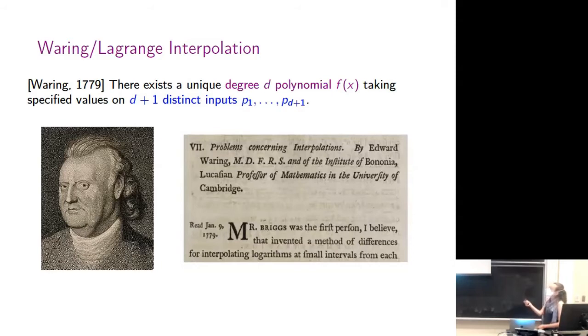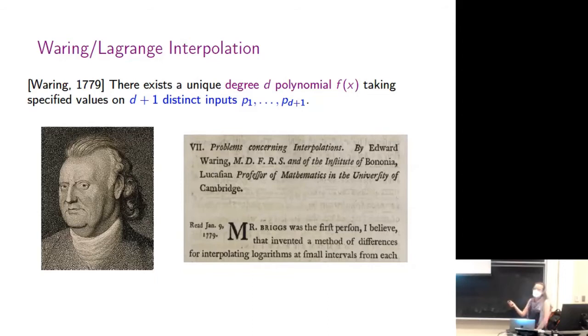And in fact, if all these inputs are distinct, then it's unique. There is a unique such polynomial. So what I'm saying is that for the system of linear equations I wrote down before, if that matrix is in fact full rank, it has a unique solution. And he published this in 1779 in this paper, which is very boldly titled Problems Concerning Interpolations.